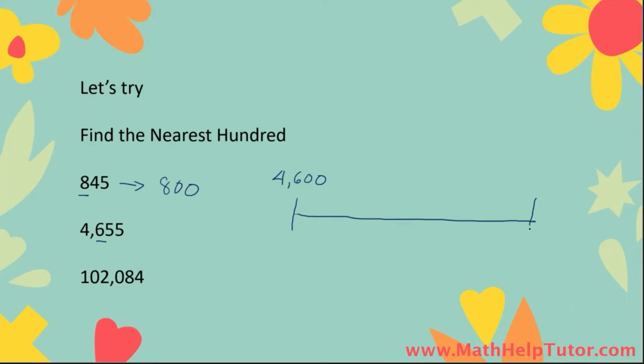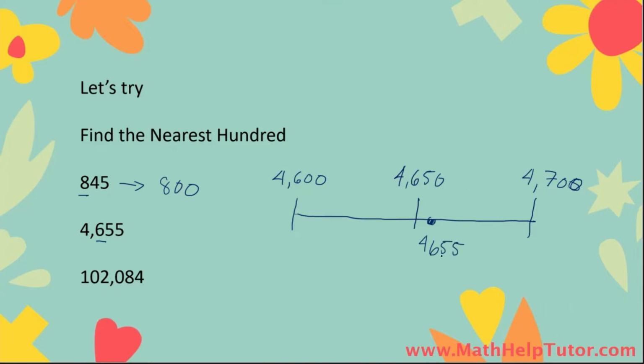So our current hundreds place for our number is 4,600. And what comes after 600? That's 700, but of course our number is far more than 700. It's actually 4,700. And what's the value between 4,600 and 4,700? That is 4,650. Next, let's look for our number on the number line. 4,655 should be somewhere here.